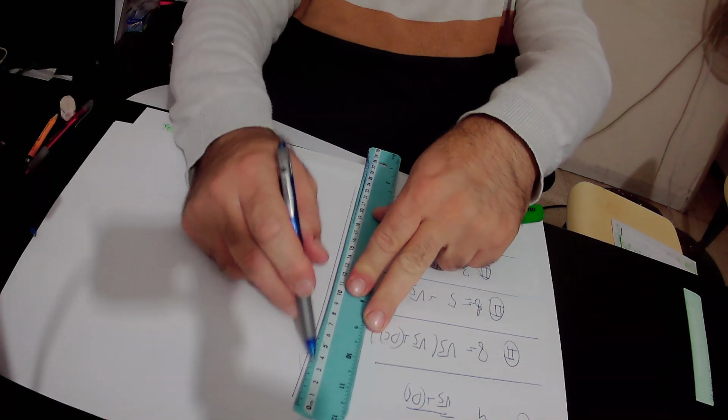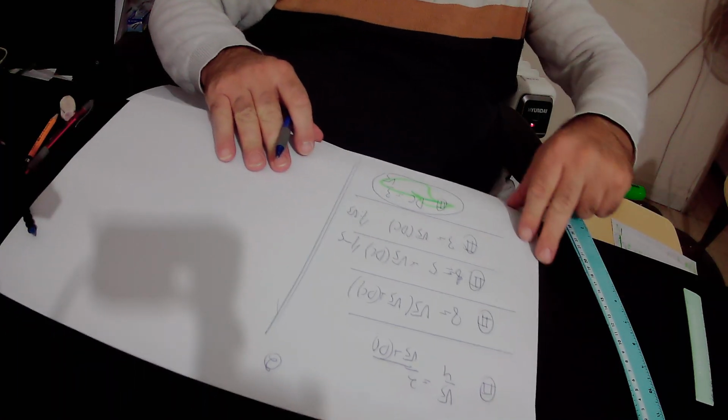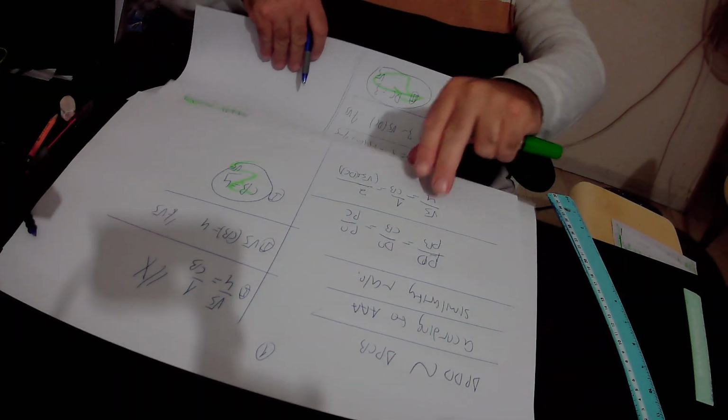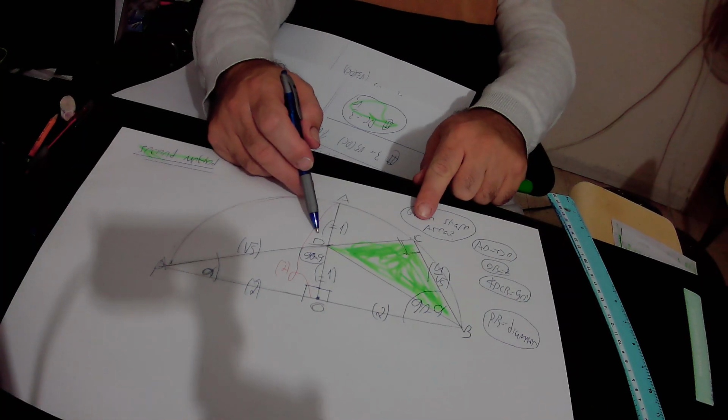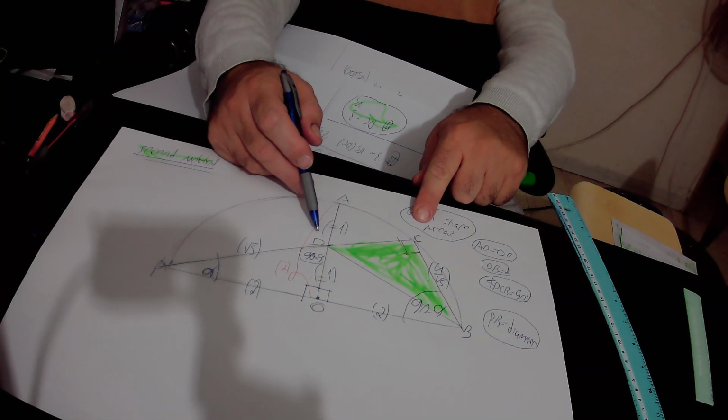So we found out that the missing side CD is equal to 3 over square root of 5 units in its length.